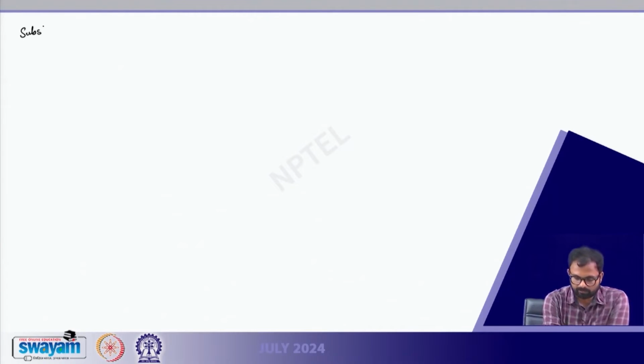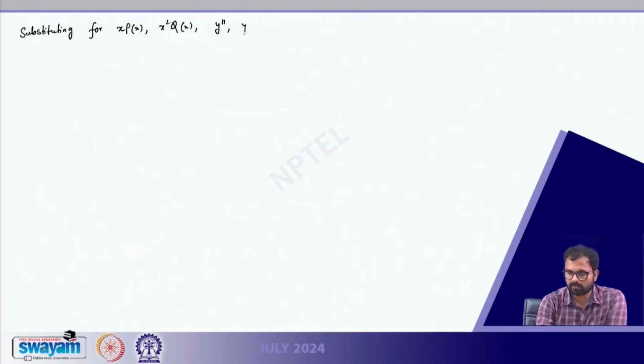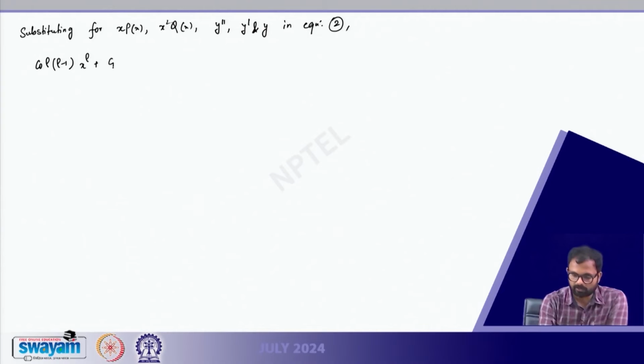So, substituting for x p x, x square q x, y double dash x, y dash x and y in equation 2, I believe, then what will happen? We will get C0 rho into rho minus 1 x to the power rho plus C1 rho plus 1 rho into x to the power rho plus 1 plus dot dot and so on.